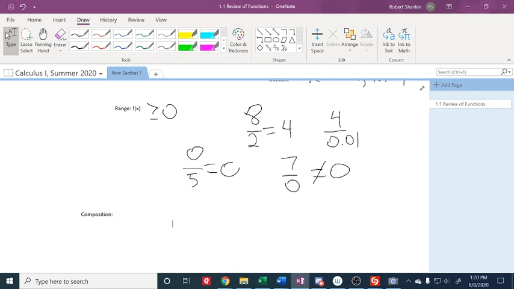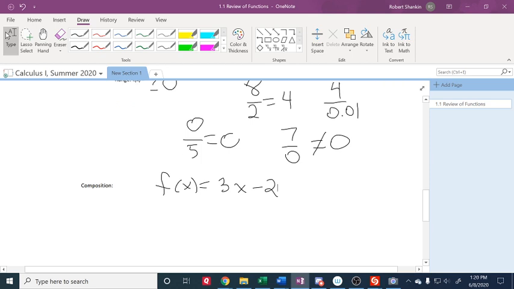So if f of x is equal to 3x minus 2, well, find two functions h of x and g of x.